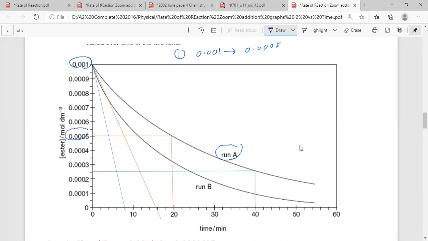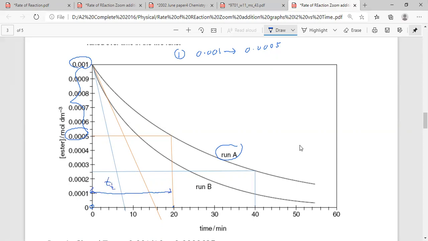That means from this point to this point, it has decreased by this amount. Half of the original concentration has been reacted. So the time taken from here to here is called a half-life.